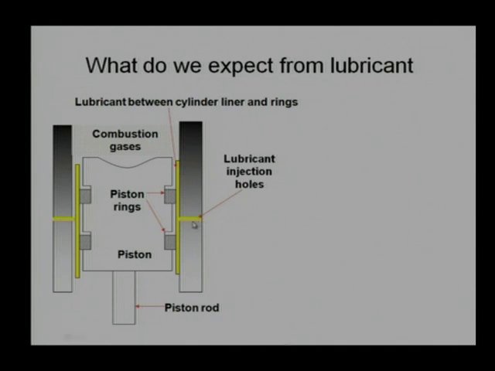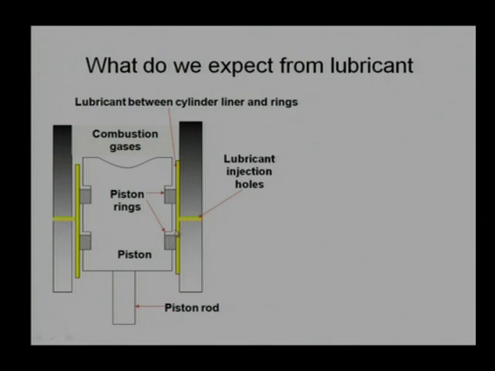And there are some lubrication holes, though the cylinder does not necessarily always have lubricating holes. There may be a number of other provisions. We can provide lubrication through the piston rod also. So, there are a number of lubrication mechanisms, but for convenience we have just shown that lubricating holes are present in the cylinder liner.